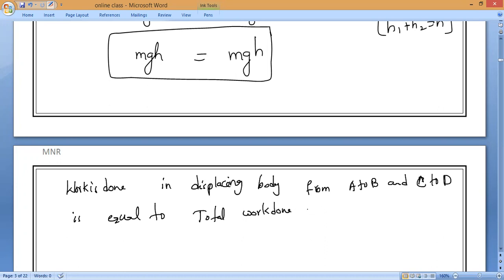Total work done from A to D. So that is what you have to remember.